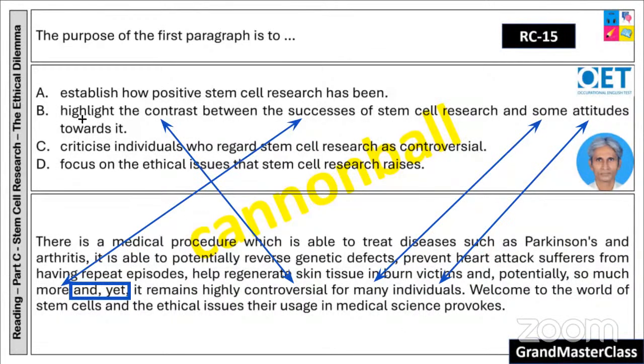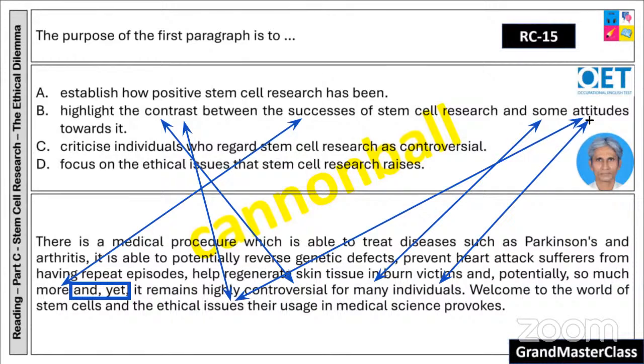So it is highlighting, okay, welcome to the world of stem cells and the ethical issues. Issues means contrasting attitudes, you can say. Their usage in medical science provokes.